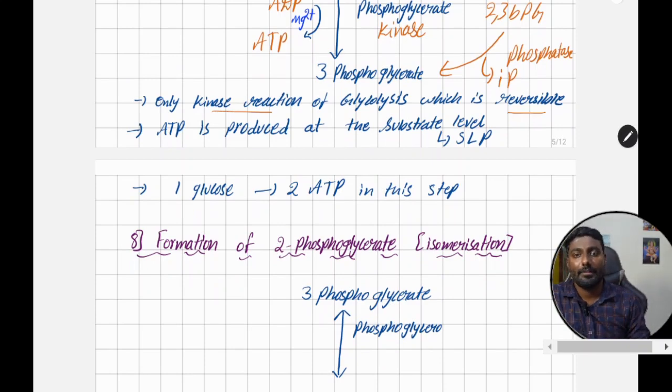Now ATP is produced at the level of substrate. See, in order for ATP to be produced, the reducing equivalents have to go to the ETC and finally ATP is produced. Apart from that, if ATP is produced at the level of substrate, it is called substrate level phosphorylation. Okay, this is the first substrate level phosphorylation.